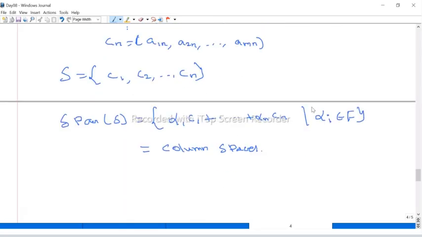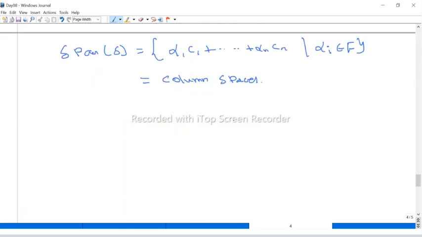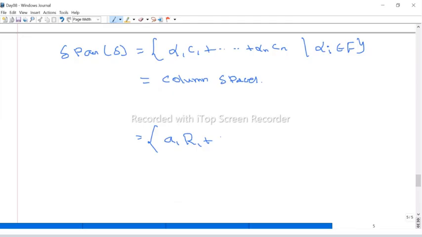Now using this R1, R2, etc., Rm, take the linear combination: some scalar A1 times R1, the first row, some A2 times R2, and so on, the linear combination of the rows. How many rows? M rows, Rm. Here R1, R2, Rm are fixed vectors. So we are varying the scalars, all Ai's from the field F. Now this forms a subspace. This subspace is called a row space.